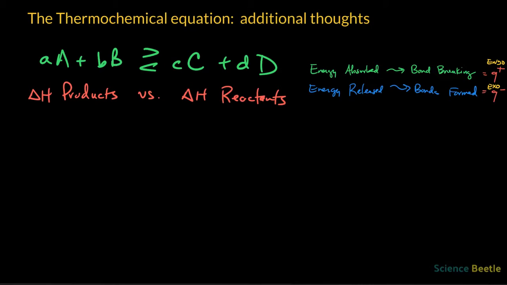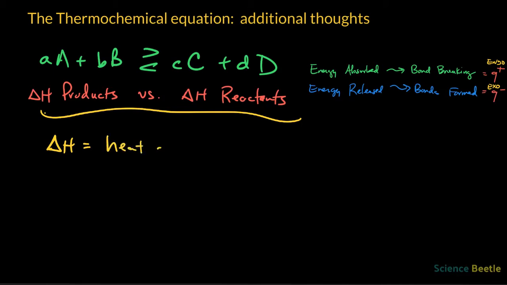And so the idea is that when we look at the delta H value of formation for the products versus the delta H value of formation for the reactants, the difference between them is what we're going to be calling the delta H for the reaction, known as the heat of a reaction. Okay, so overall, first off, just make sure we identify this.